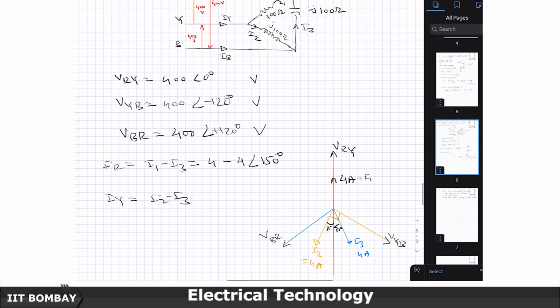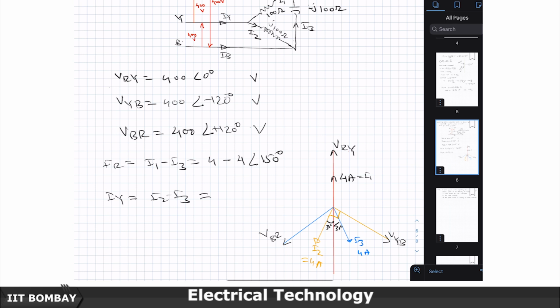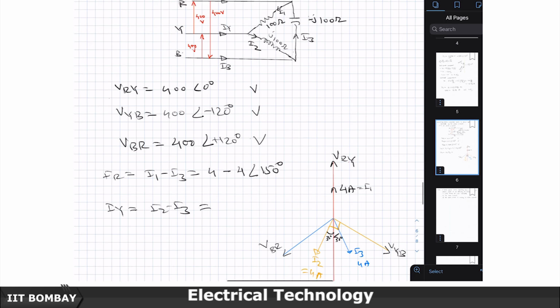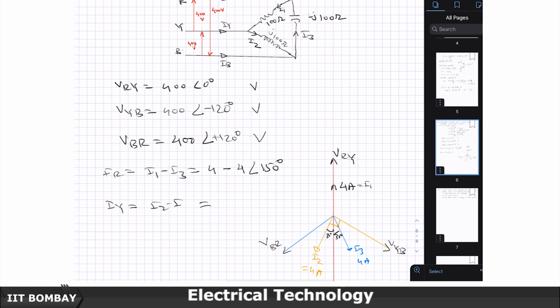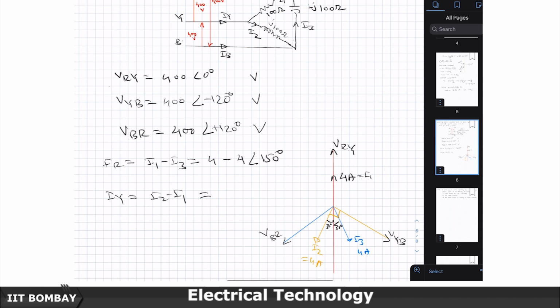I2 minus I3, I am sorry, I2 minus I1. So, I2 is 4 amperes and leading by 150 degrees, minus I1, which is 4 amperes.